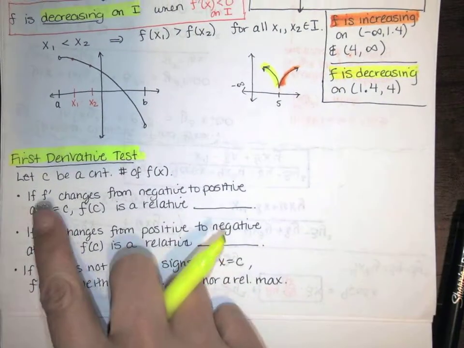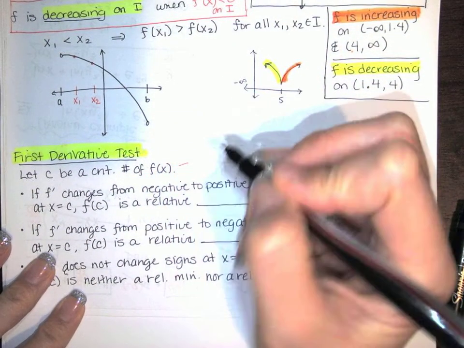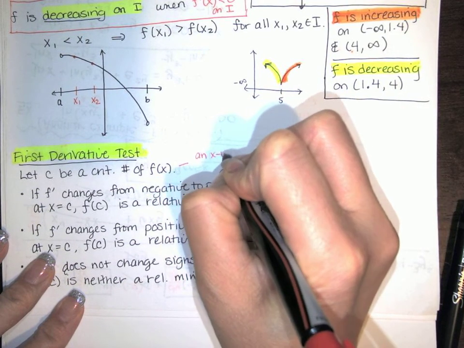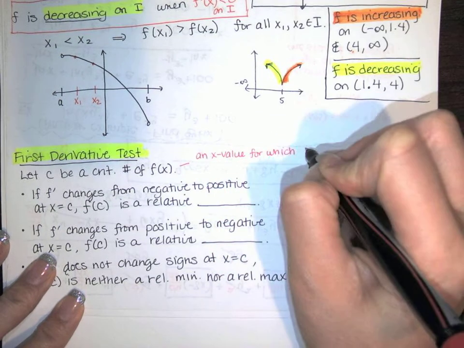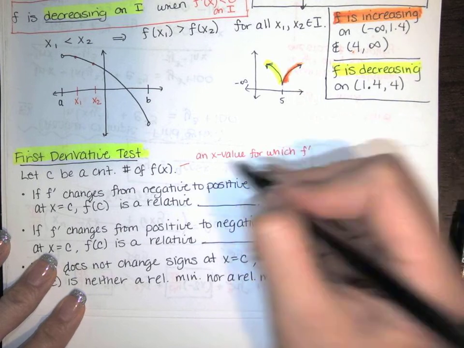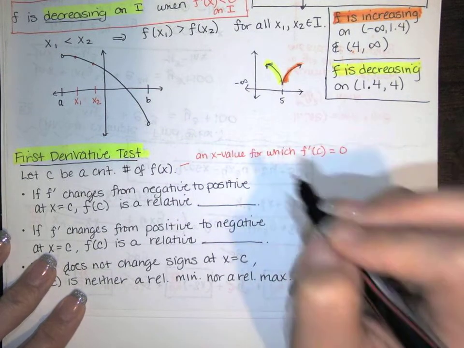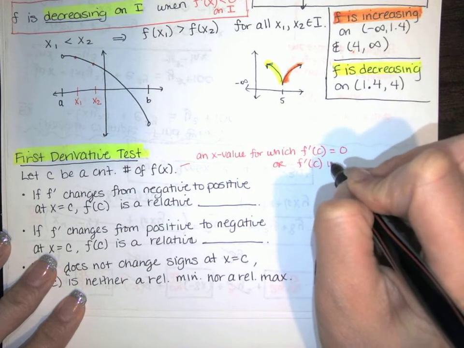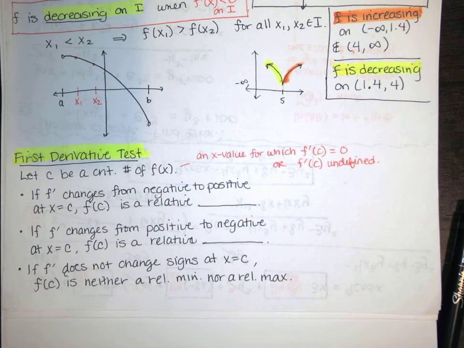This says, let C be a critical number of f. And remember, what are critical numbers? That's an x value C for which f prime of C is 0, so you've got 0 slope, or f prime of C is undefined or does not exist, however you prefer to look at that.